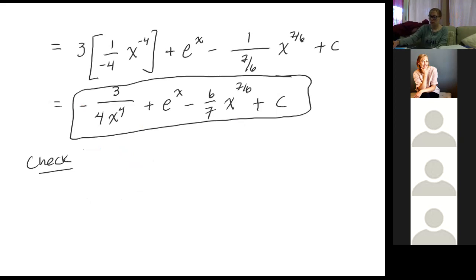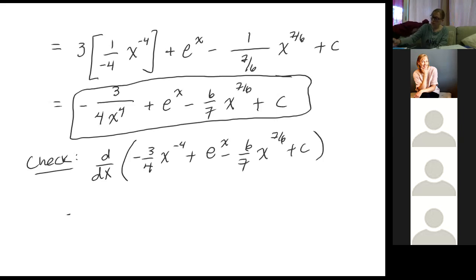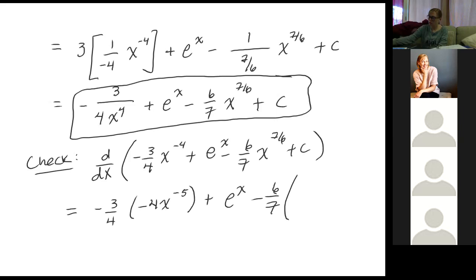I can differentiate d/dx of, as written above, negative 3/4 x to the negative 4th plus e to the x minus 6/7 x to the 7/6 plus c, which is equal to the derivative of negative 3/4 x to the negative 4th, negative 3/4 times a negative 4 x to the negative 5th power, plus the derivative of e to the x, which is e to the x, minus 6/7 times the derivative of x to the 7/6, which is 7/6 x to the 7/6 minus 1, which is 1/6, plus the derivative of a constant, which is 0.